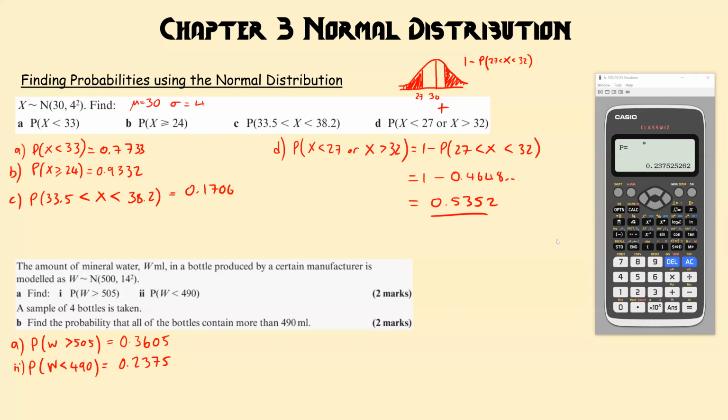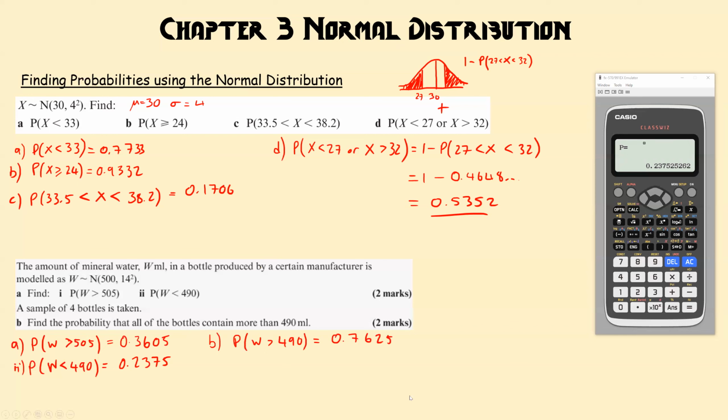And that's what we're looking at here. So let's just have a quick look at this one. The probability of getting more than 490, let's just go part B, is going to be equal to 1 minus this, which is 0.7625.